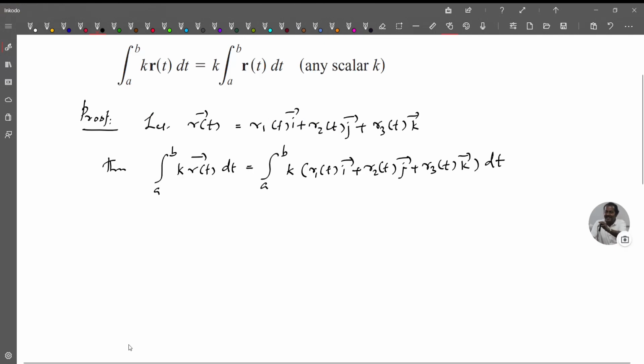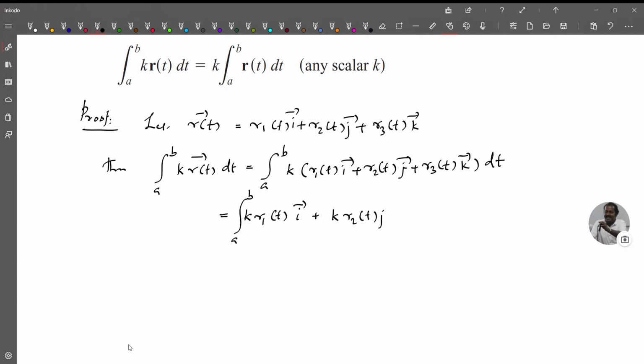So this is equal to integral a to b k r1 of t i plus k r2 of t j plus k r3 of t k dt.